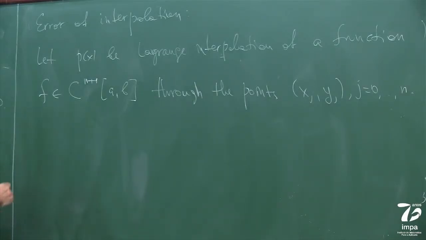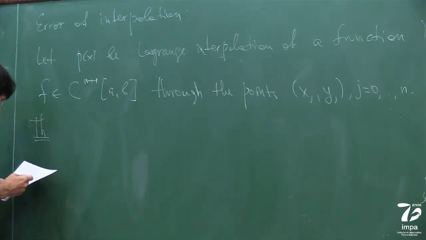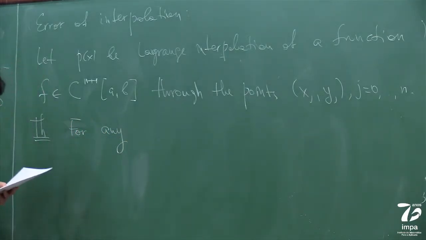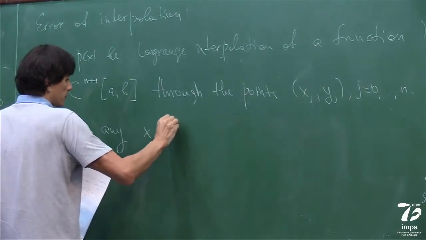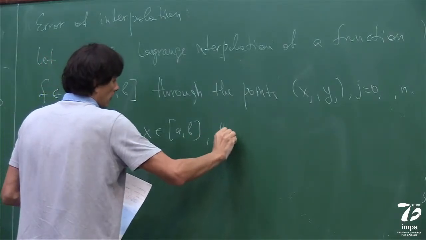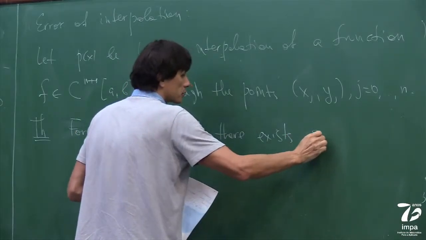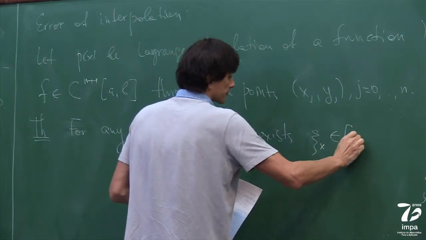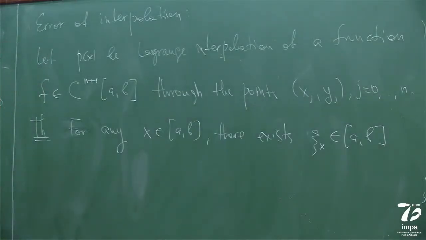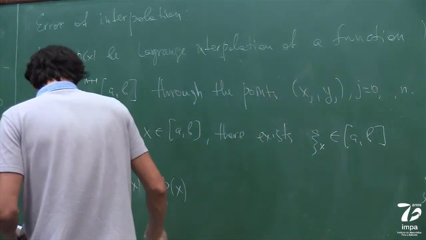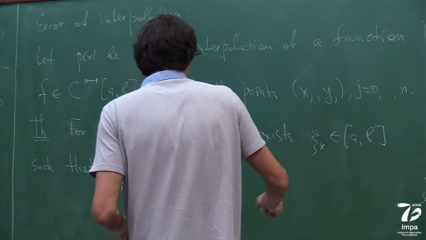So the theorem tells you that for any x from the interval, there exists a point psi which depends on x, such that you can write f of x as the interpolating polynomial plus something which is directly expressed for this point.